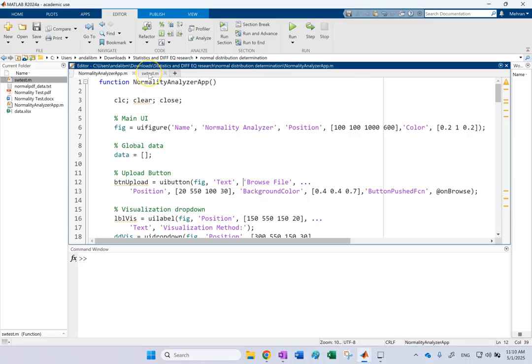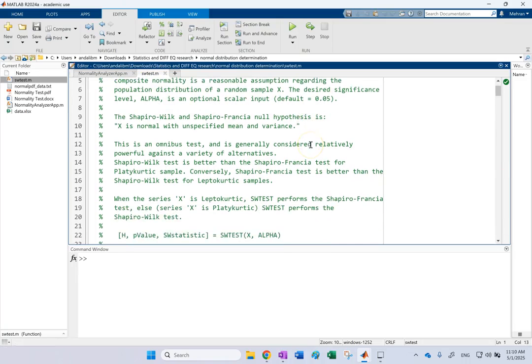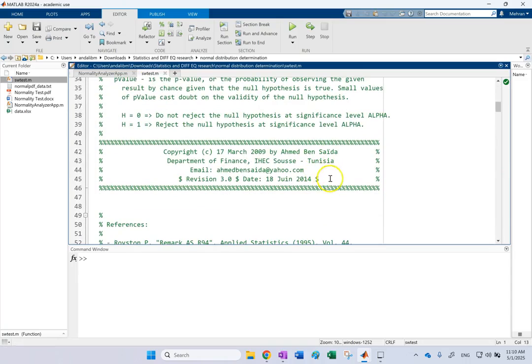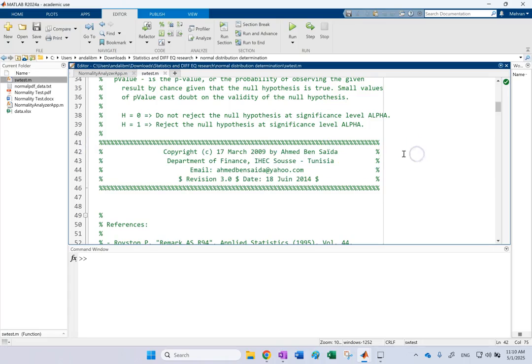By the way, as I said, for the SW or Shapiro-Wilk test, there is no built-in MATLAB function, but guess what? There is this file on the MathWorks website, which can give you the result here. And all the credit for that goes to this person here, Ahmed Ben Saida, Department of Finance from Tunisia.